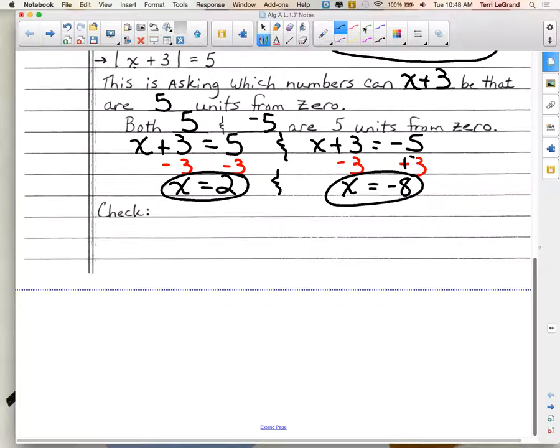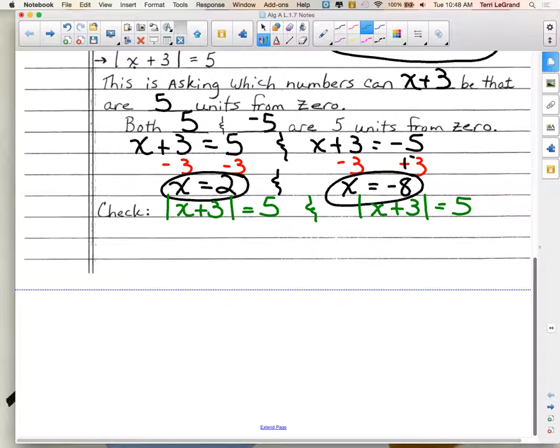So what you're going to do is start with our x plus 3 in absolute value bars equal to 5. And since we got two solutions, we're going to have to do it twice. So go ahead and write it down twice. We're not solving, so we don't make that a negative 5 here. We're just checking. So we use the same equation twice because we have two solutions.